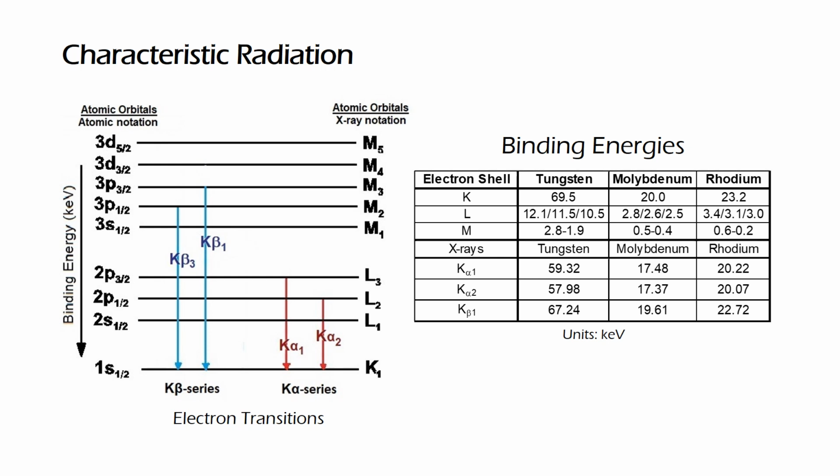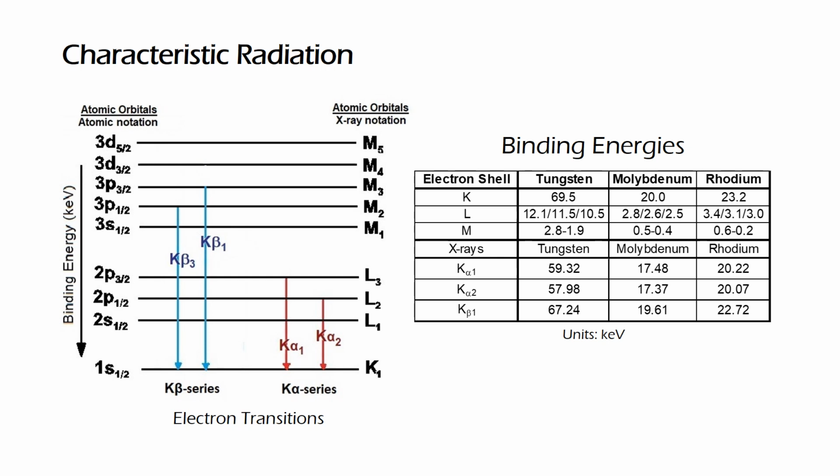The atomic number of tungsten is 74, the atomic number of molybdenum is 42, and the atomic number of rhodium is 45. Therefore, the binding energy of tungsten is the highest. The binding energies of the 3 orbitals of the L shell, that is, L1, L2 and L3, are shown, separated by oblique. For the M shell, the range of binding energies of the 5 orbitals M1 to M5 is shown.